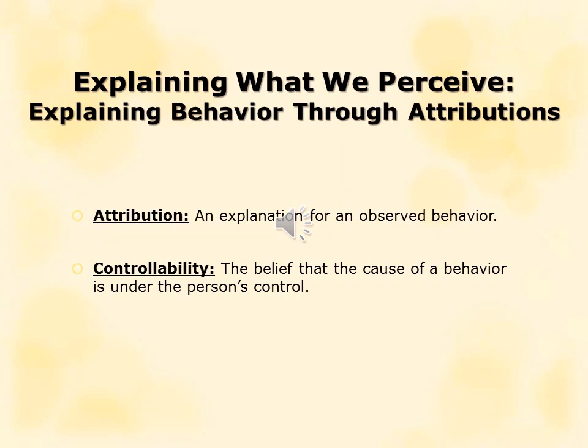Another concept is controllability, and controllability is defined as the belief that the cause of a behavior is under the person's control. I work with individuals with addictions, and it is common for family members to assume that the addict is in control of his or her behavior.